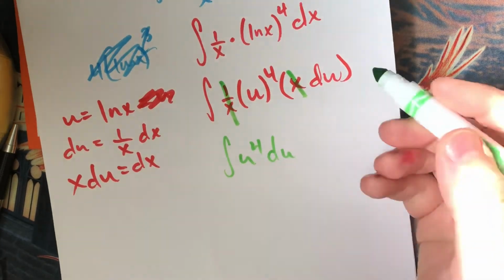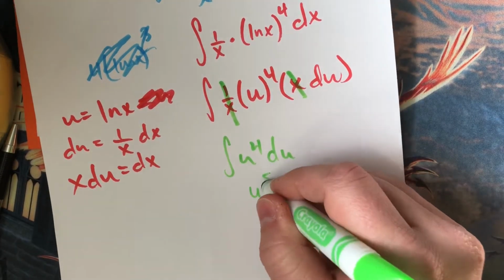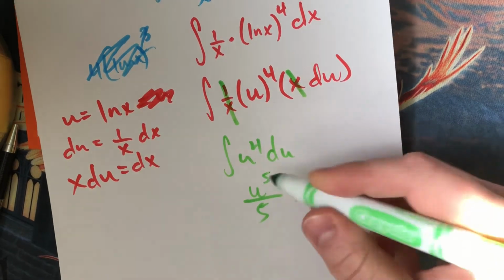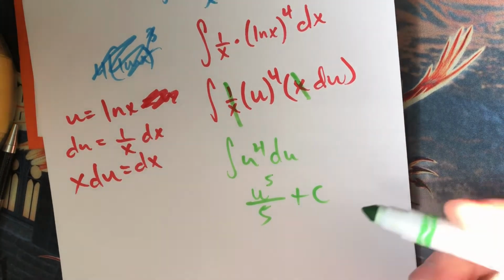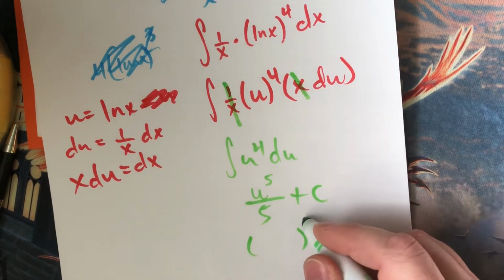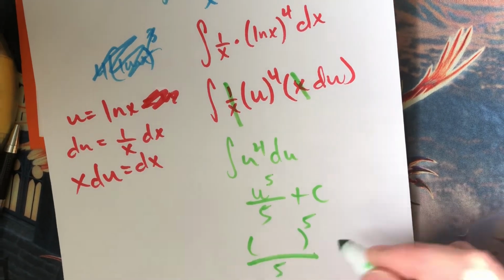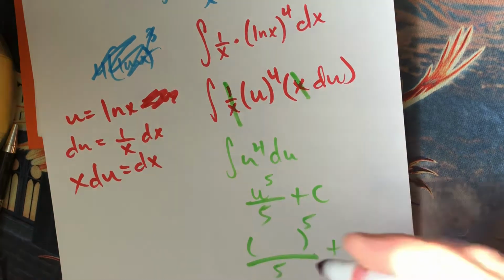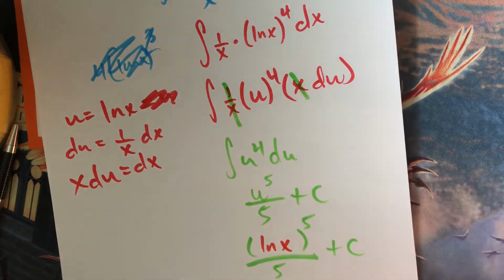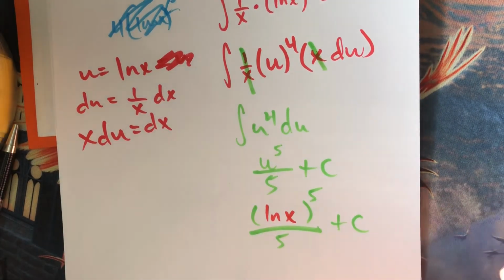So then when we take the integral of that, we get u to the 5th over 5 plus c, right? We add in 1 to the exponent, divide by the new exponent. Simple replacement. Drop u back in. And that problem changes from being something really awful looking to pretty simple.